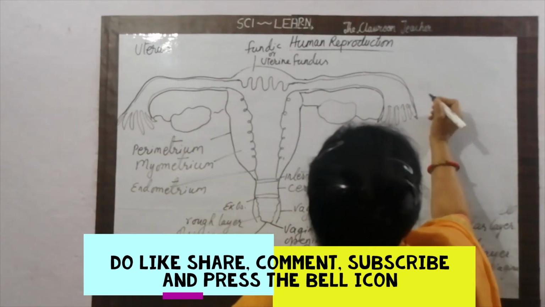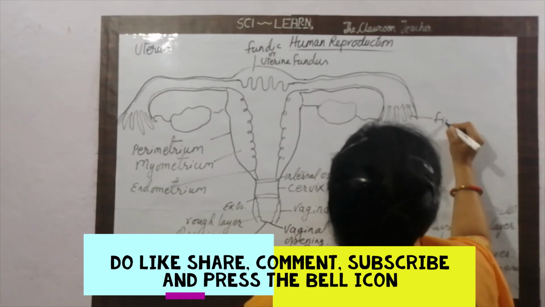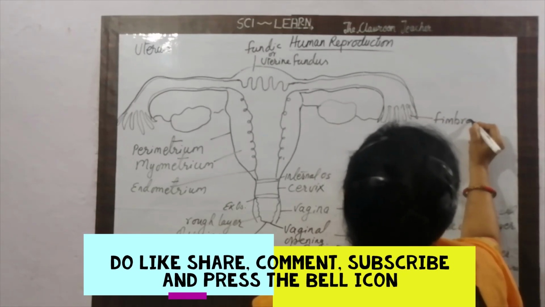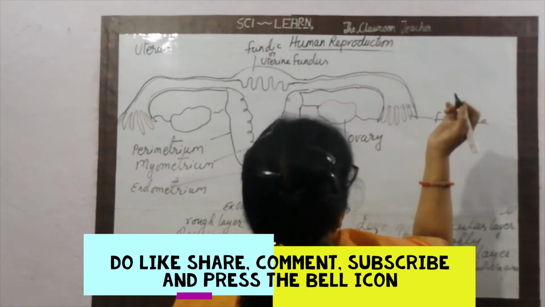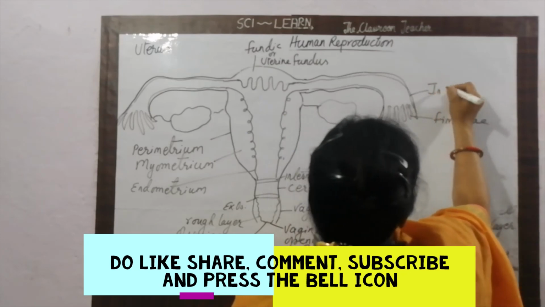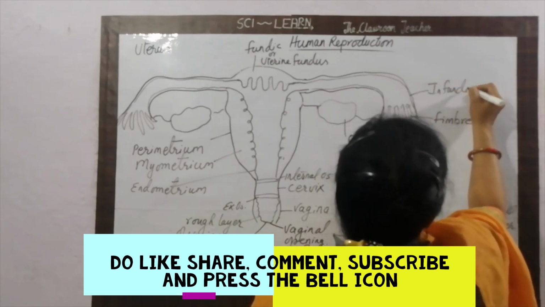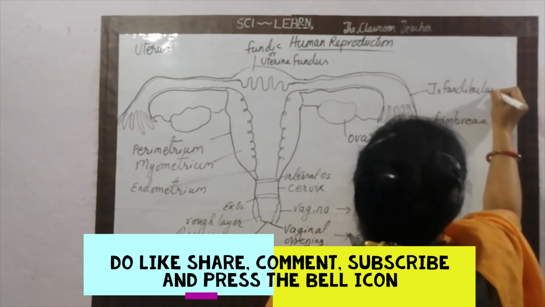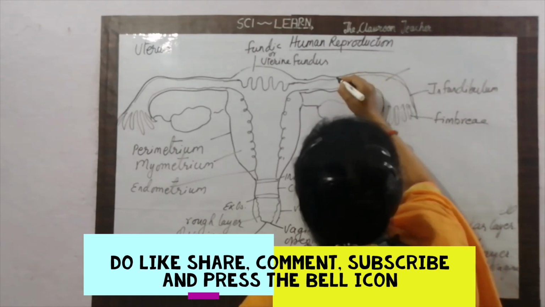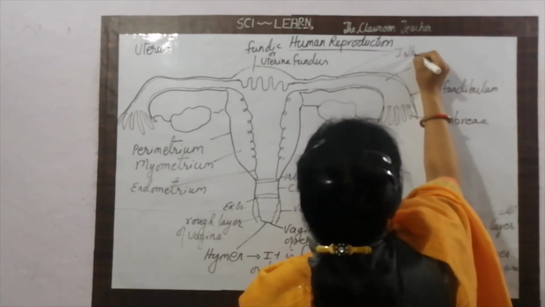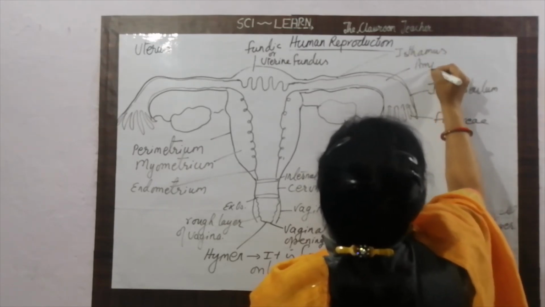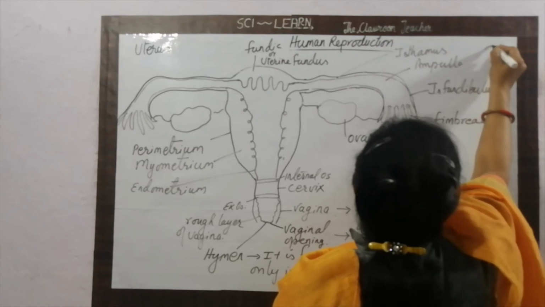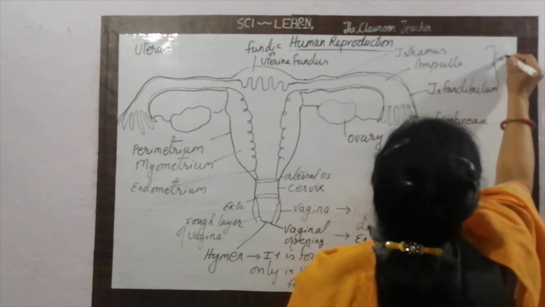So this is the fallopian tube, this is the fimbriae, this is the ovary, this is the infundibulum, this is the isthmus, and the ampulla, and these combined form the fallopian tube.